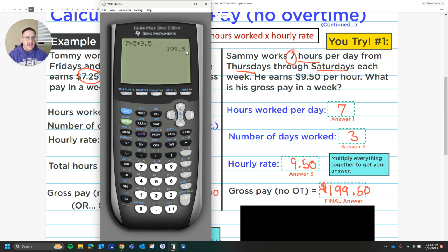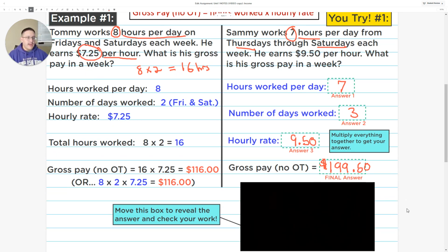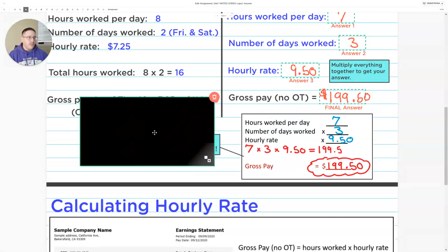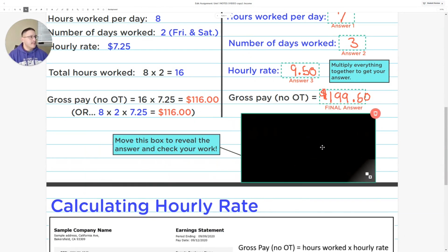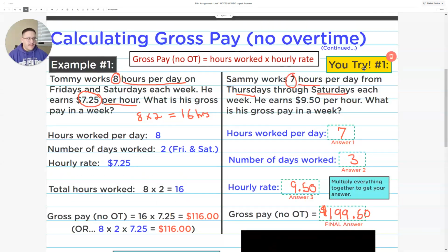Even if there wasn't a second decimal place, we're going to fill that in with a 0 when we talk about money. That's why you see this answer as $199.50. That's it for you try number 1.